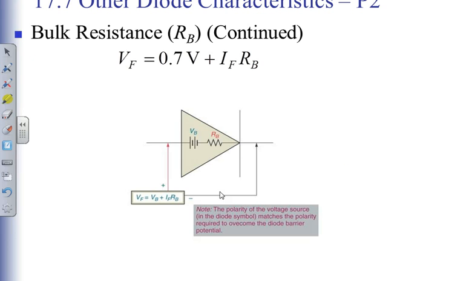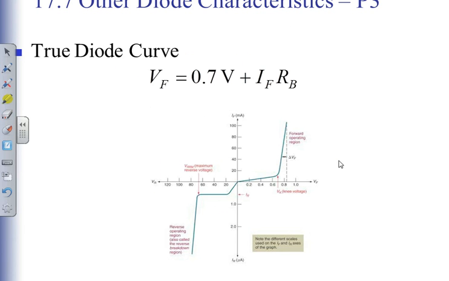So I have some diode. It has a battery in it that's 0.7 volts. It has some current flowing across the bulk resistance, and that's going to give me my forward voltage that's going to have to be used to turn this thing on.